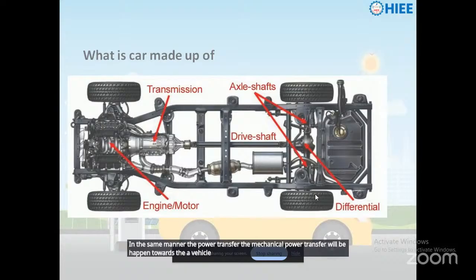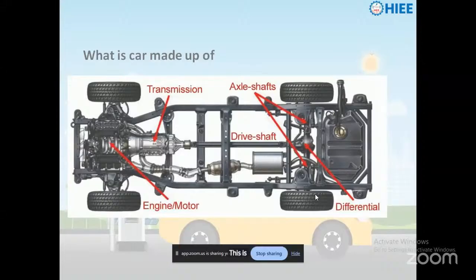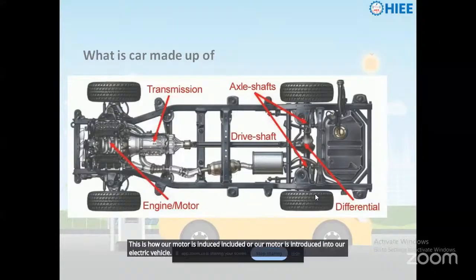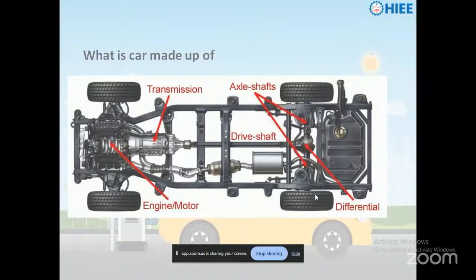Now, whenever we come to the motor, the beauty is that we give electrical power and we get mechanical power. This is what we need to identify. This is how our motor is introduced into our electric vehicle. Then for the motor, we need power supply from the batteries, and we'll deal with the batteries.